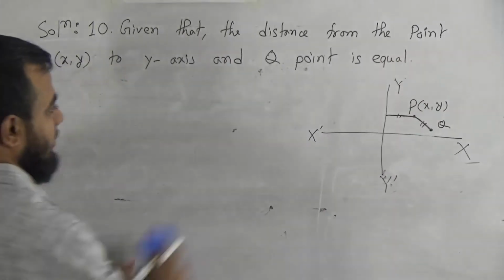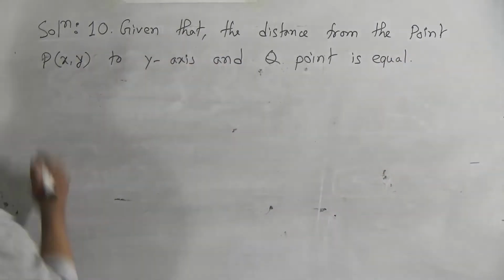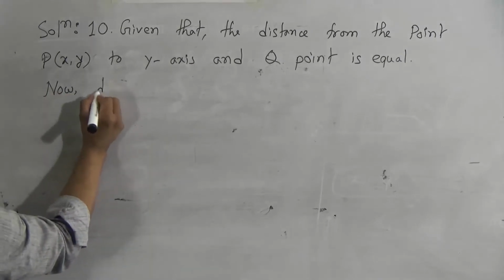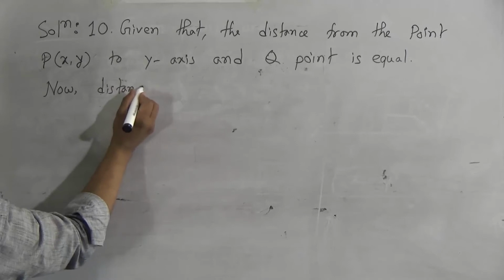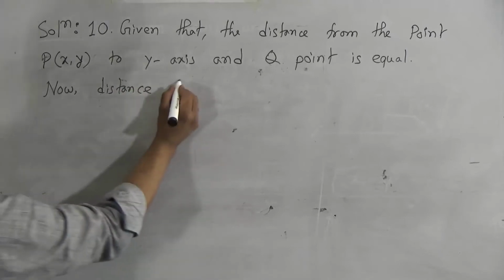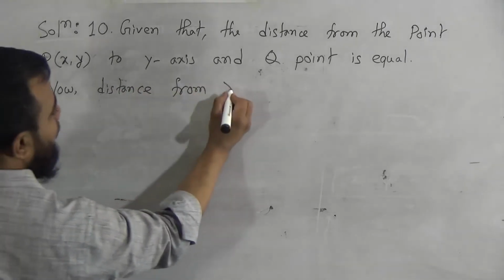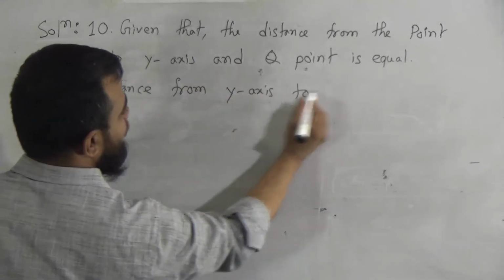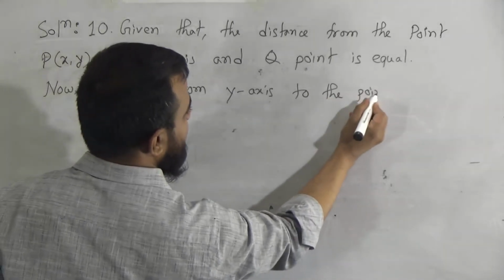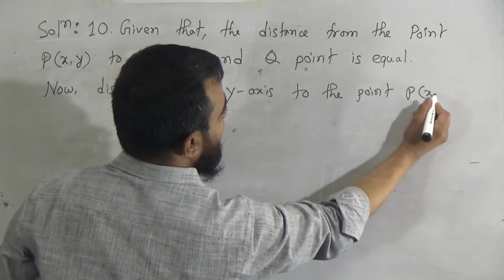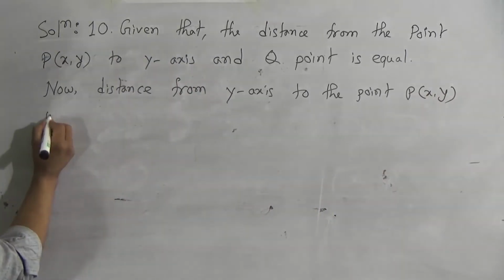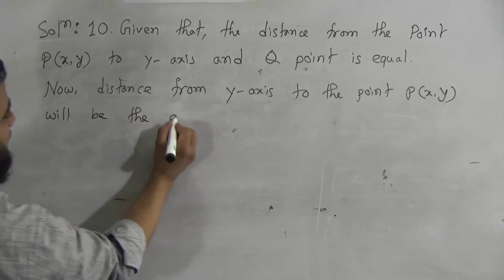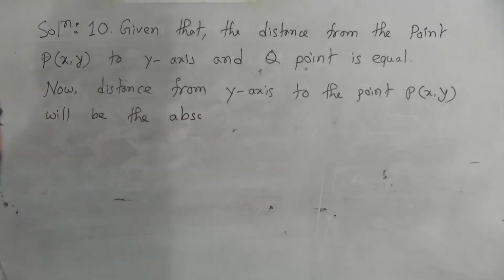Now the distance from the y-axis to the point P(x, y) will be the abscissa, my dear students.